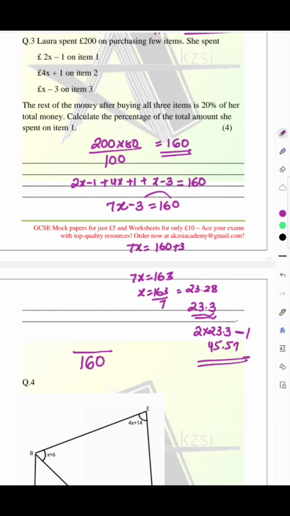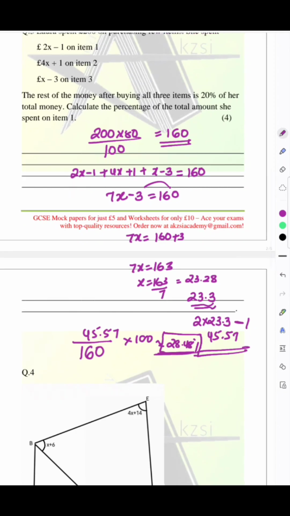So she spent 45.57 on item 1 and the total was 160. So the percentage is 45.57 over 160 times 100, which will give you approximately 28.48%. So this is the percentage of the amount she spent on item 1.